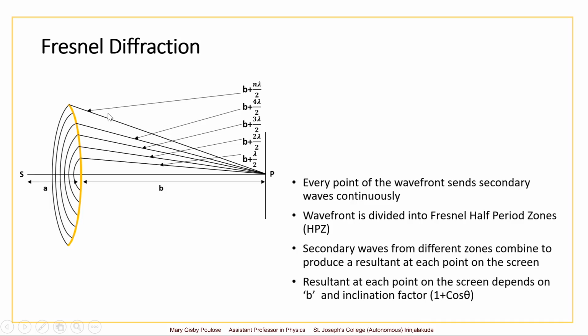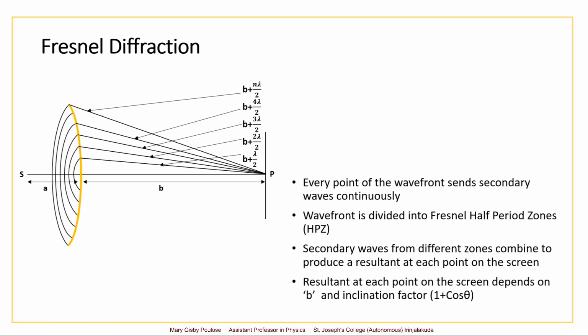Now at the nth zone, the normal at the nth half period zone will be almost perpendicular to the optic axis, and hence the inclination factor will be 1 plus cos 90, that is 1. So as we move away from the center of the wavefront, the inclination factor is decreasing.